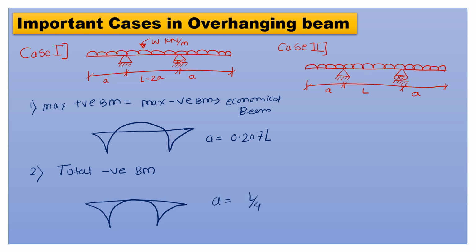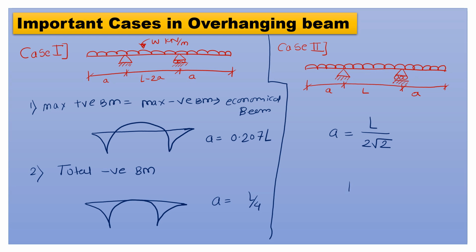Then second condition. In second condition, you see the value of length A, L and A. Here the value of A is equal to L divided by 2 root 2. So these are the different values of A for overhanging beam with different length conditions, with different bending moment conditions.